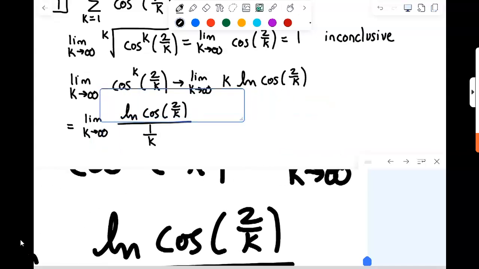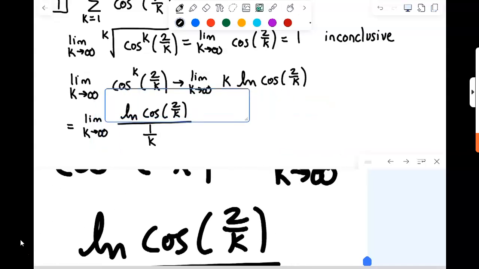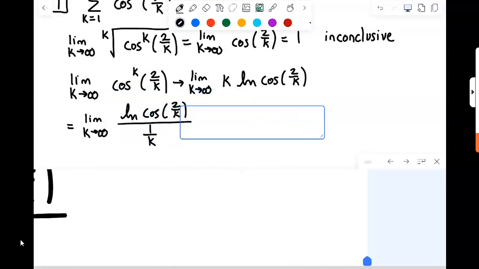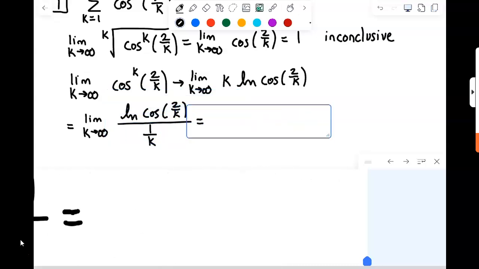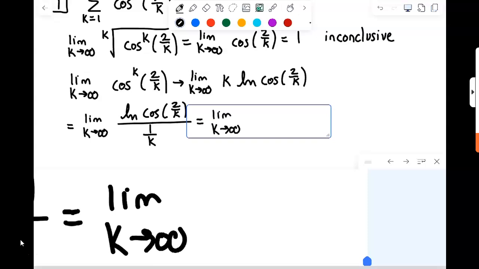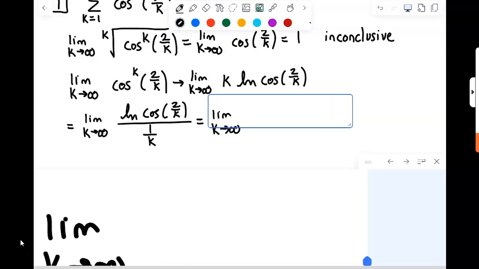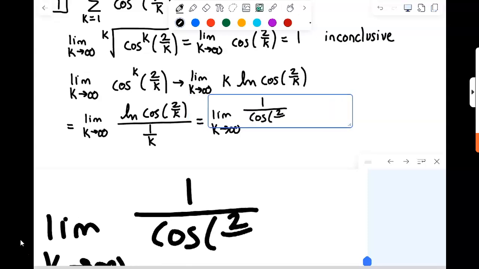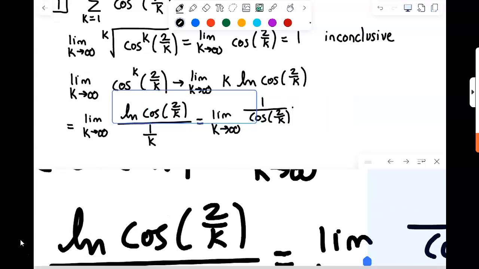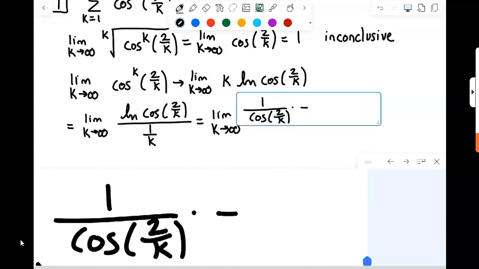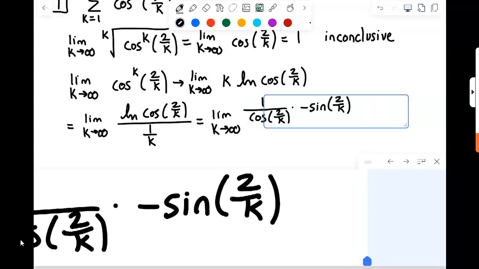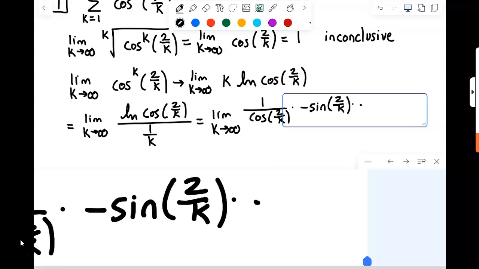And of course that gives us a 0 over 0 limit. So we differentiate. Limit as k goes to infinity: it's going to be the derivative of the ln, so that'll be 1 over the cosine of 2 over k times the derivative of the cosine, which should be negative sine of 2 over k, times the derivative of 2 over k, which would be minus 2k to the minus second.